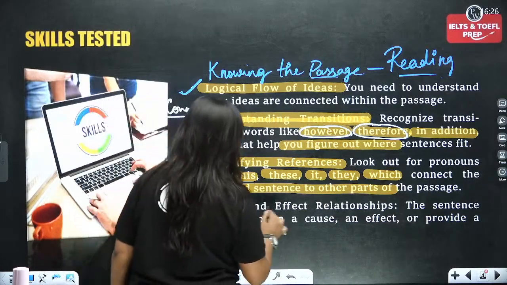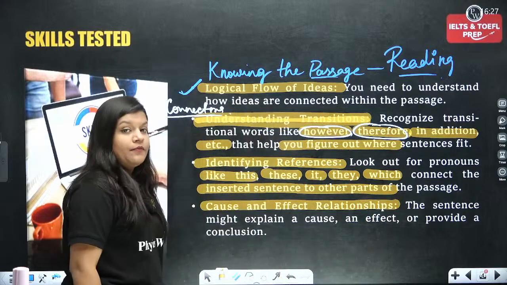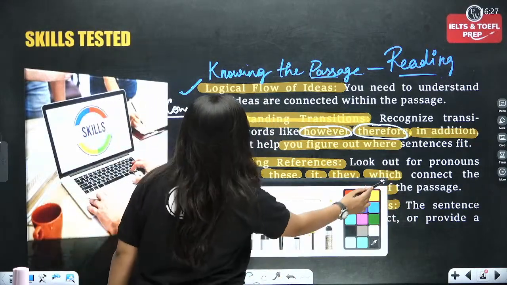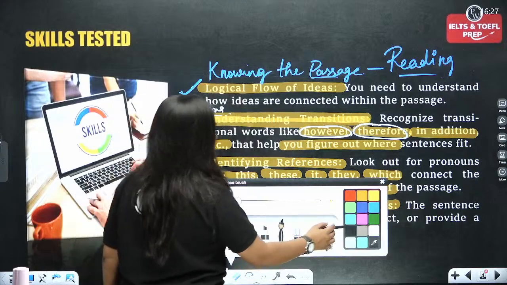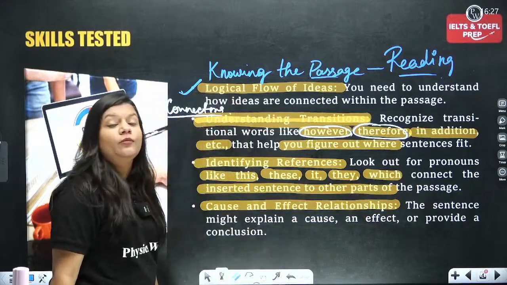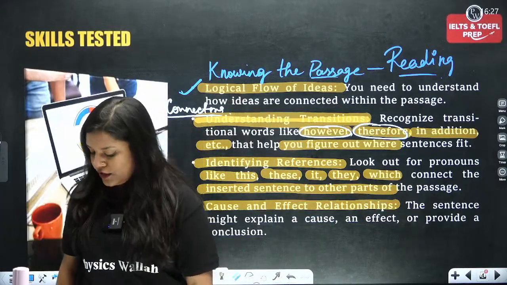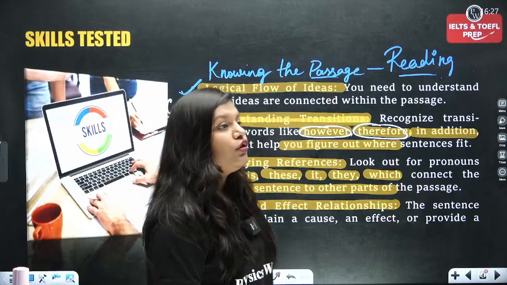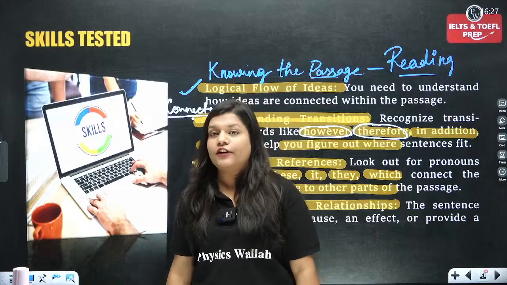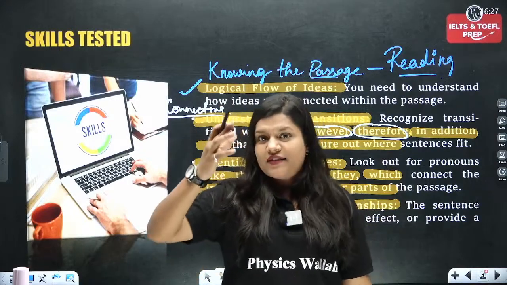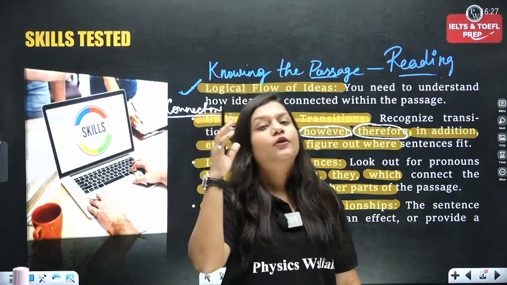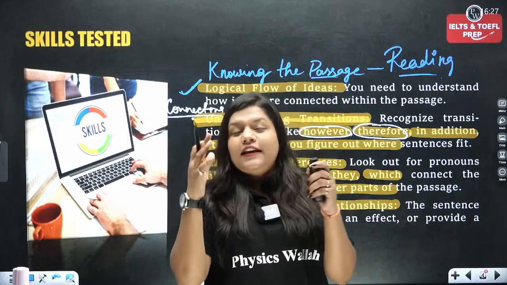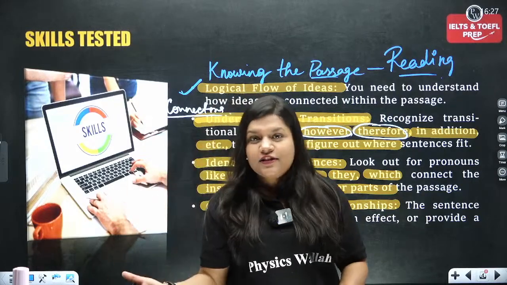Next is cause and effect relationship. There are going to be passages where causes as well as effects are mentioned. So you need to be very particular while looking at them, so that you don't lose them. For example, one paragraph is talking about the cause, another paragraph might be talking about the effect, and then again it is talking about cause, and then again about effect.